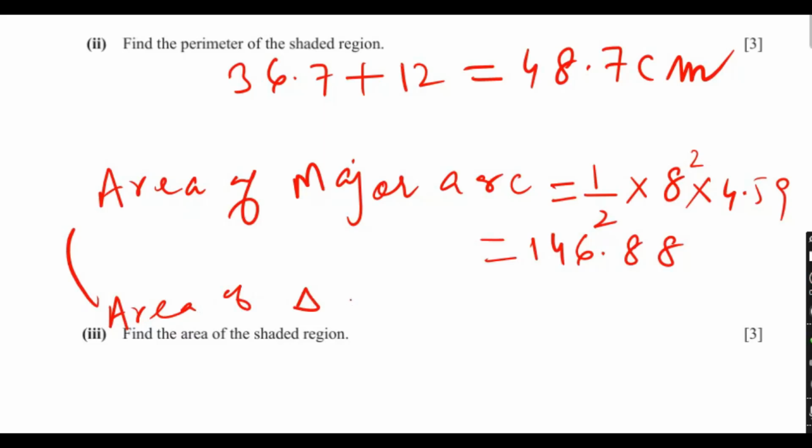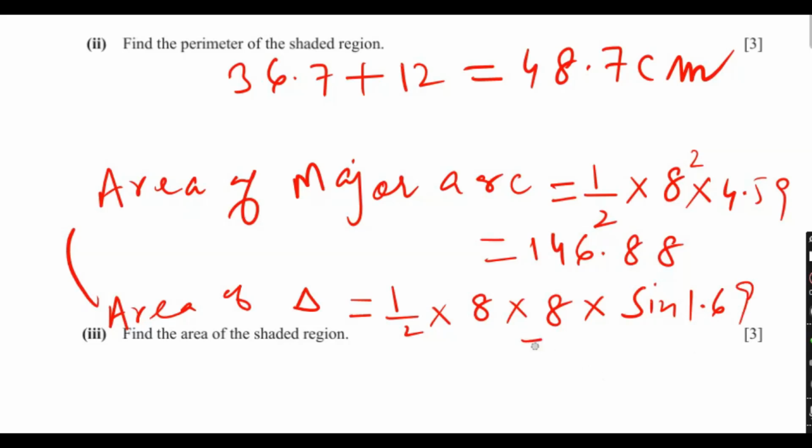Area of triangle POQ is half into first side, that is 8, into second side, that is 8, sine of the given angle. So sine of theta, we have already found in part number 1, 1.696. By using your calculator, where your calculator must be in radian mode, you will get the answer 31.74.